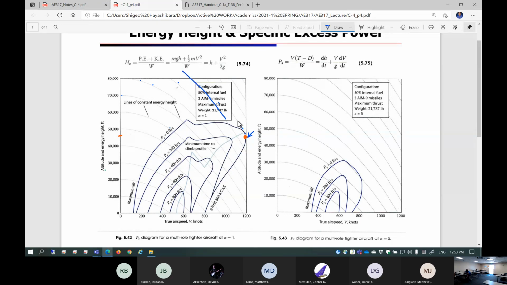So this line is right next to it. This one. So this is 80, 90, 100, 110. So this is 110,000 feet. If you enter zoom climb right here, you can get energy height 110,000 feet. So that's the absolute maximum altitude you can gain by giving up everything. Maximum thrust, the velocity is 0, you can climb up to 110,000 feet.